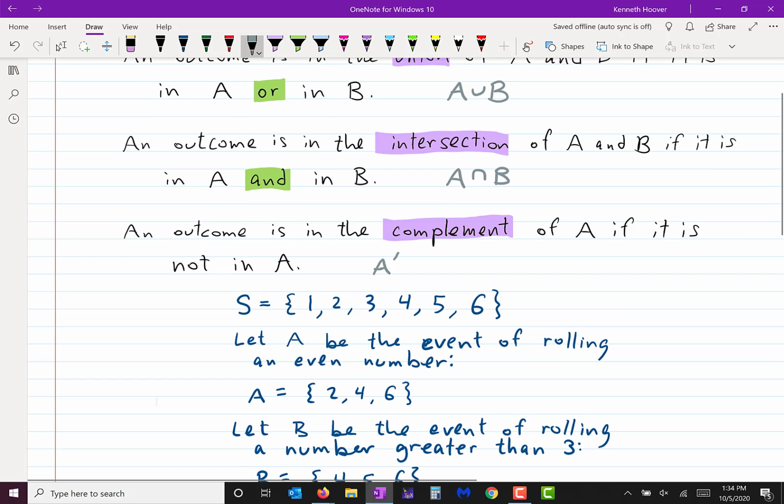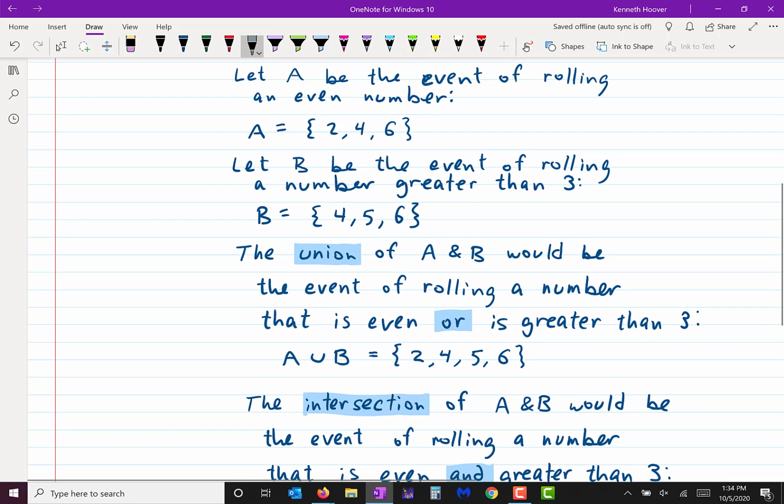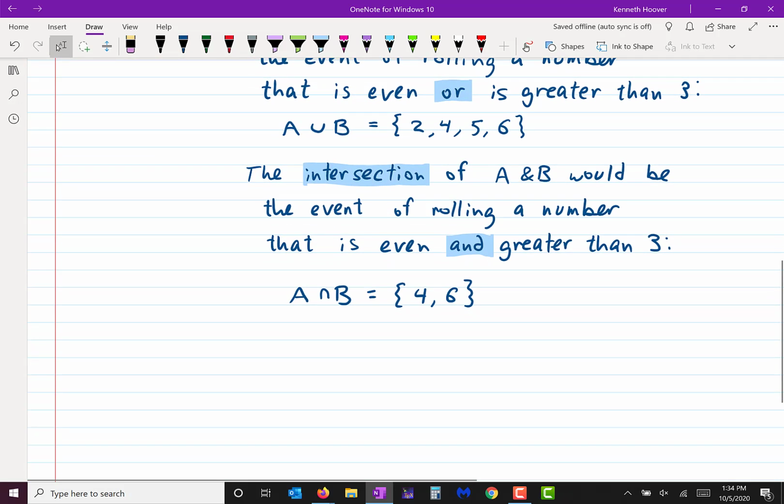So let's go back down here. If A is the event of rolling an even number, then what would be the complement of A? The complement would be the event of rolling a number that's not even. So in this case, it would be odd.